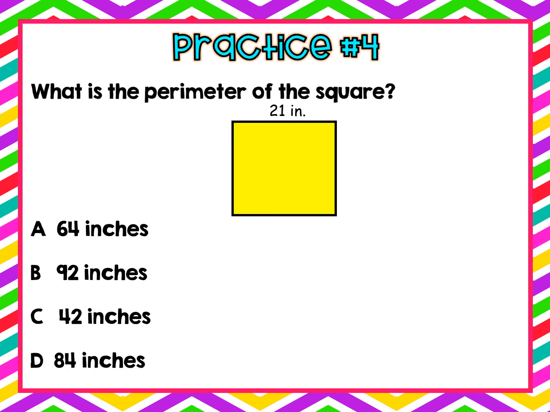Practice number 4. What is the perimeter of the square? You will have 30 seconds to complete this question on your own first. Go!